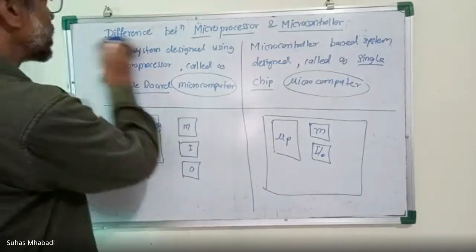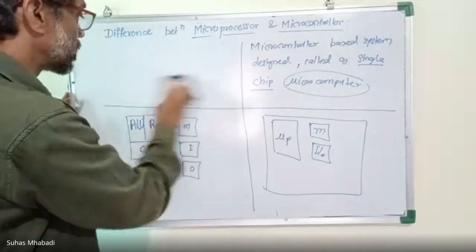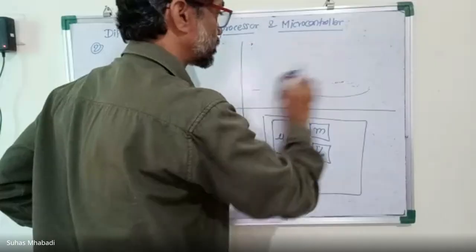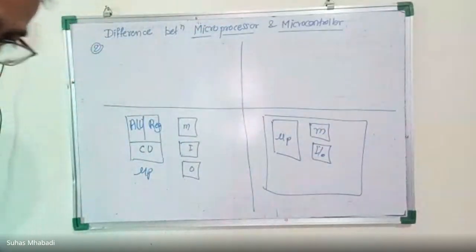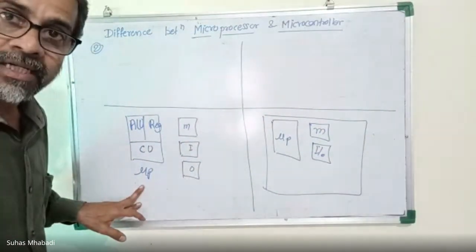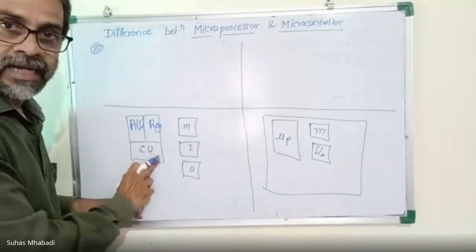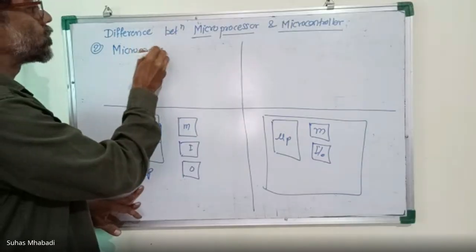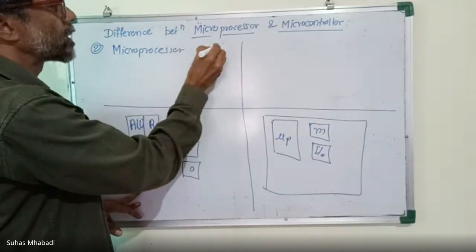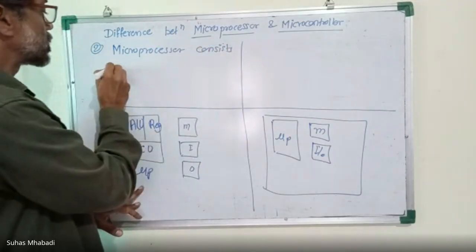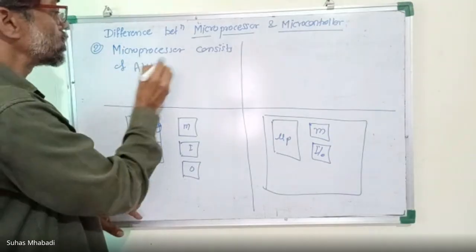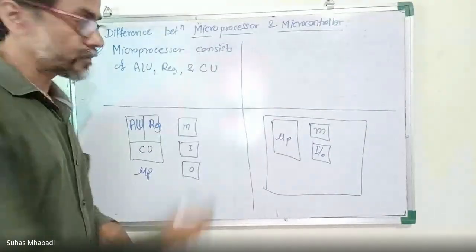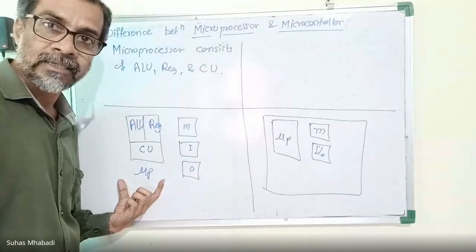Based on that, let me write one more difference. The microprocessor consists of ALU, registers, and control unit. This is on a single IC.